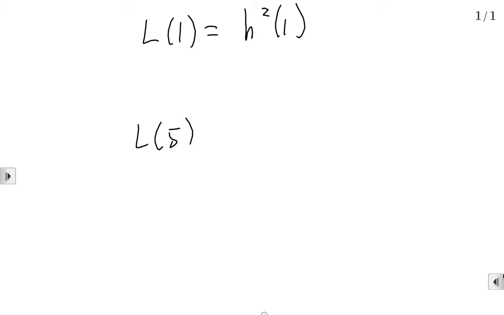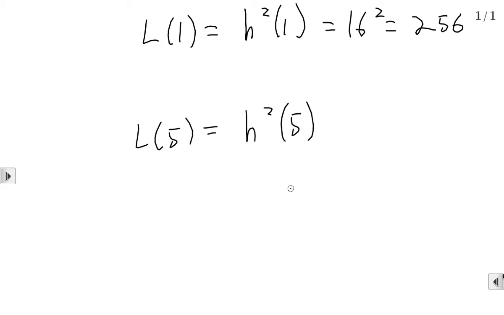Sorry, let me check. Yep, it was 16, I remember. And so it's 256. So the function L starts off very high on a graph. Let's check L of 5, so that's going to be h squared of 5. And we already worked out h of 5, so all we need to do is square that value. Let's square 4. Oh, that's 16.